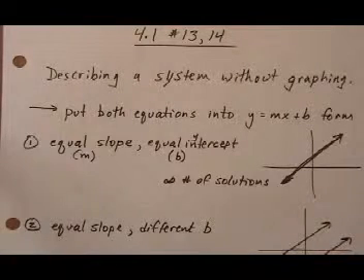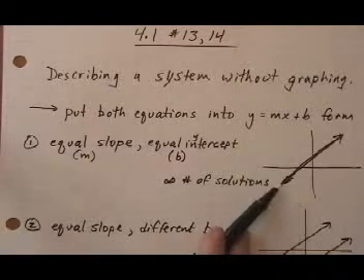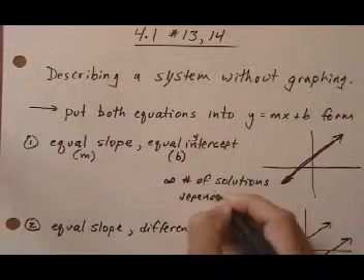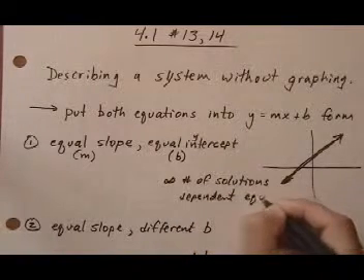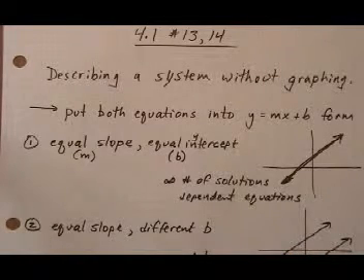They have the same steepness, but they're crossing the y-axis at different points. Parallel lines. No solution. Now this system up here, the equations would be called dependent equations. And down here it would be called inconsistent.